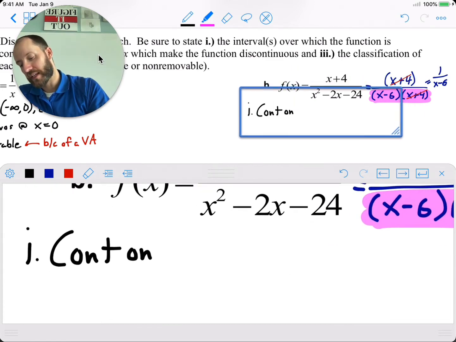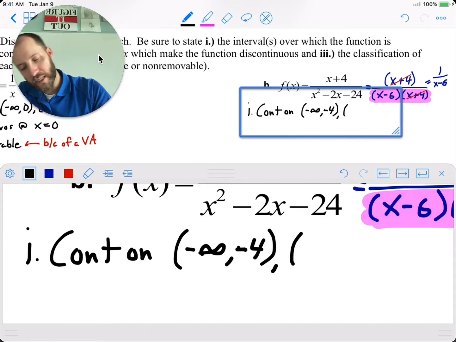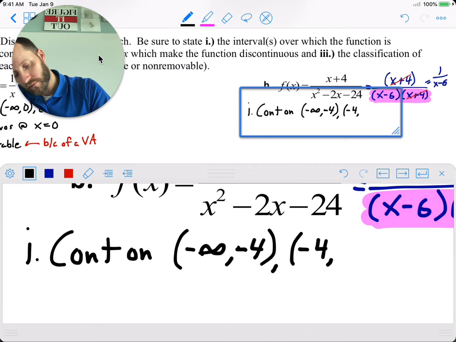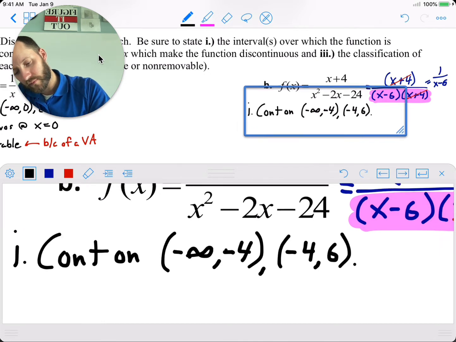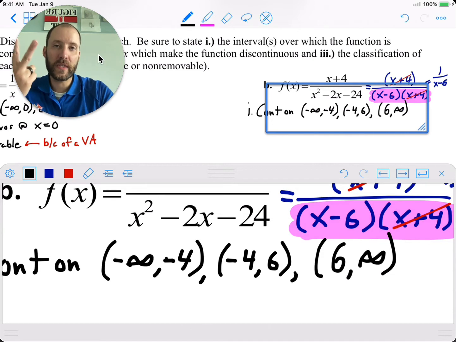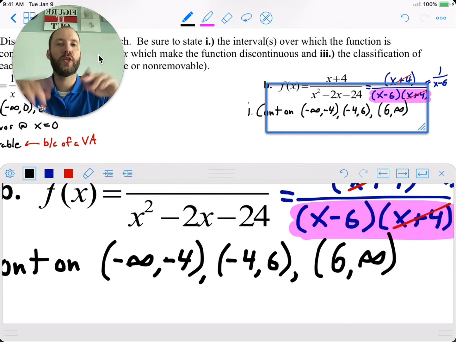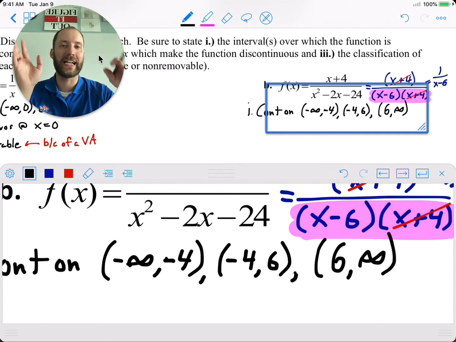So our intervals have to reflect that. From -infinity up to -4, from -4 to 6, and then from 6 to positive infinity. Alright, so 2 discontinuities, one removable, the other's not, but you have to include both because they're both still discontinuities.